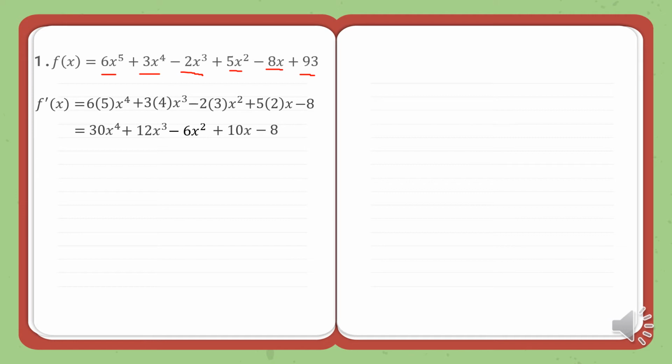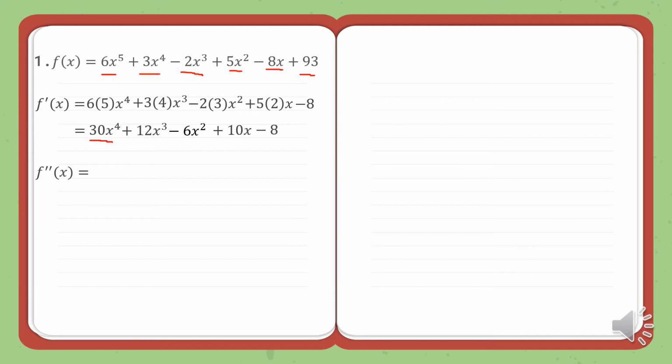Next, we need to find the second derivative bago tayo makapunta sa third derivative. So, for the second derivative, ang basa natin dyan is f double prime of x. Okay? For the second derivative, gamit itong ating nakuhang first derivative, using the sum and difference rule, hanapin natin yung derivative.